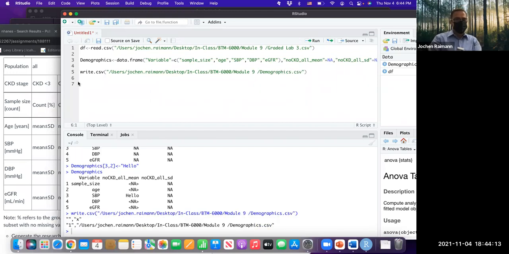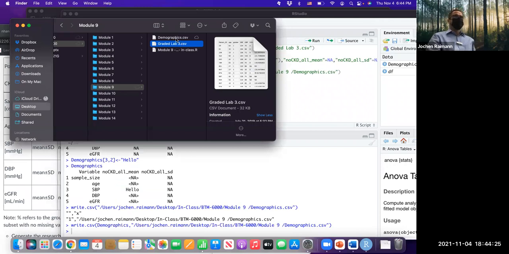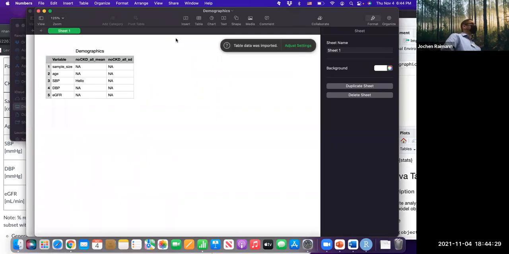So I'm copying this now in the df demographics. I am creating a demographic CSV file that essentially looks exactly like this. I have here the mean, I have here the standard deviation.